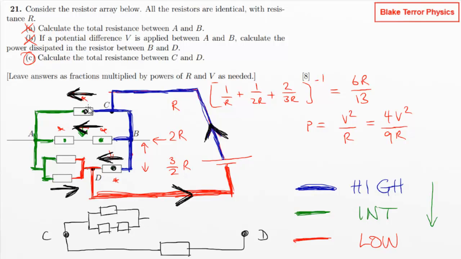Once we got to the green, we can't go through one of them and then back from green to blue. And then once we've got to green, there's only one way we can get to red, and that's to go through this parallel pair down the bottom. So that is our only option.